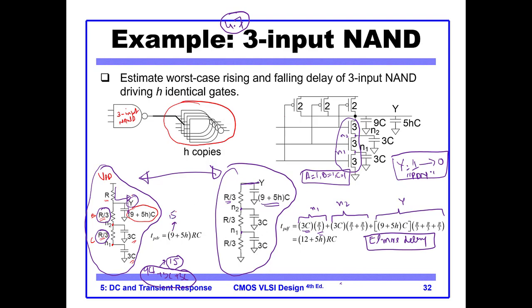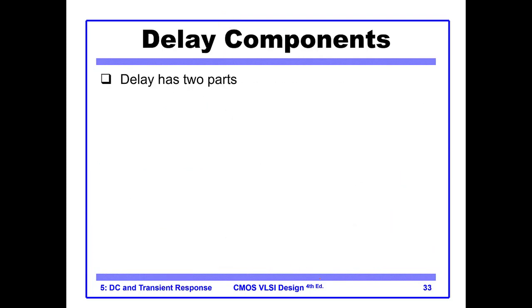Here it was 15C, so this was the correction. Okay, so this is TPD rise plus TPD fall. If you want the overall TPD, the overall TPD is the average of TPD rise plus TPD fall. It is the average of this. Okay, so this was example 4.7.